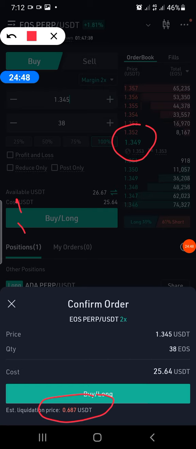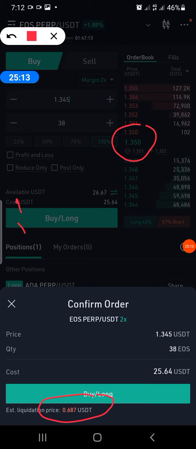Let me go back to where I was. It means that if the price of this coin keeps going down and gets to this point, automatically you will get liquidated. You can see the difference between this price and this liquidation price is up to 100% of the current price.